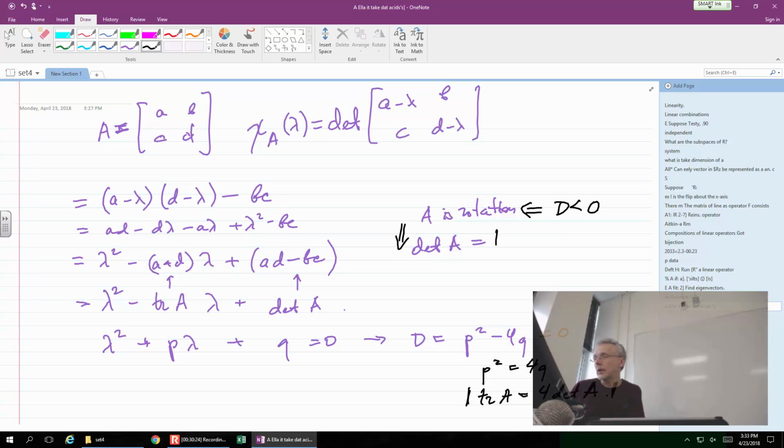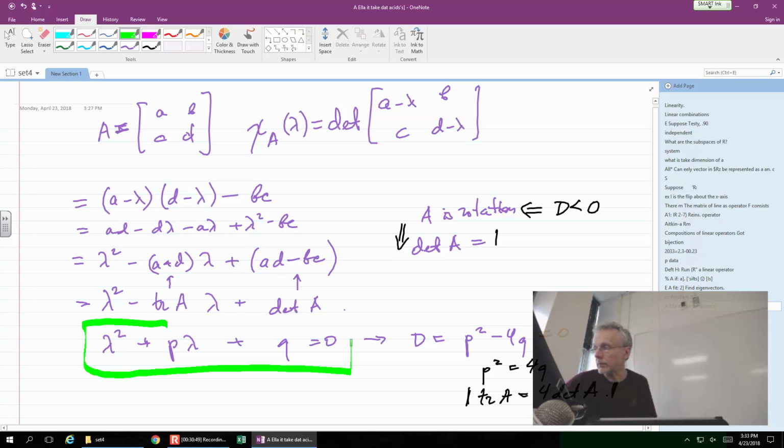Okay, so the determinant is equal to 1. So starting at the very end, suppose this is a starting point.